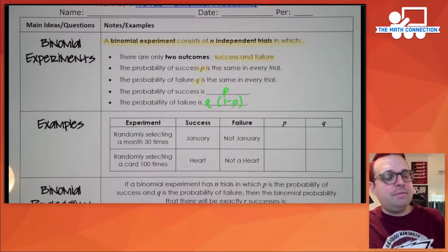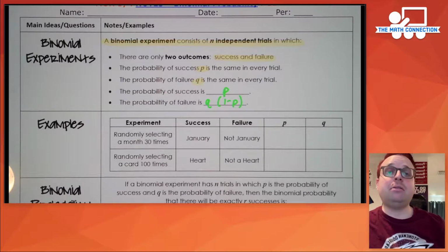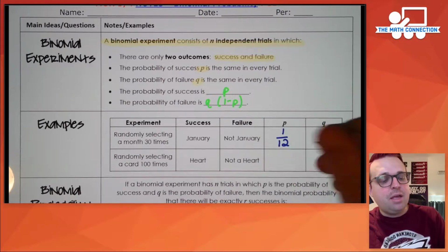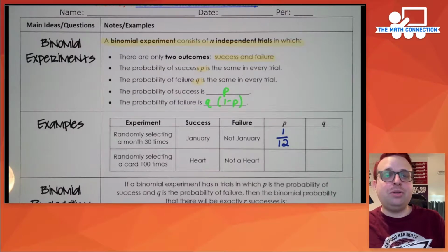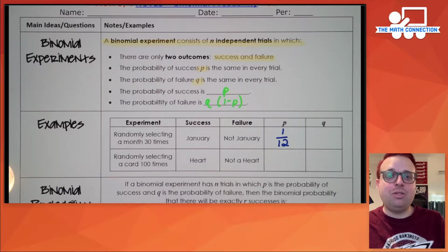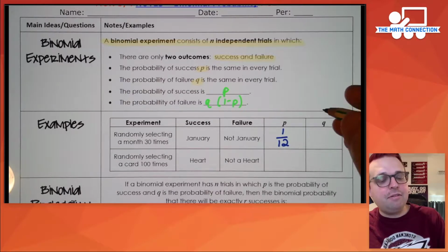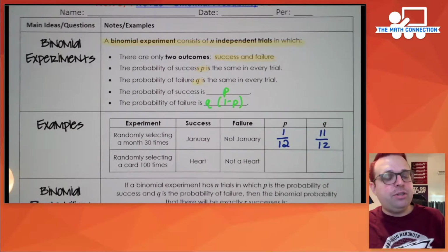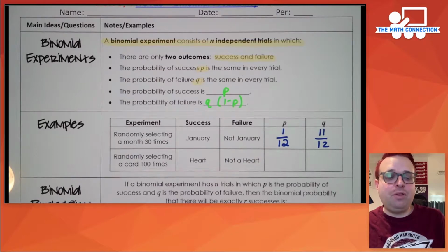So how many months are there altogether? Well, there's 12. So we have a possibility of success of 1 in 12, because a success would be choosing January, and that's only 1 out of the 12 months. And then for failure, that would be 11 out of 12, which you don't even need to do the math for, but if you were to do 1 minus 1/12, you'd get 11/12 left over.